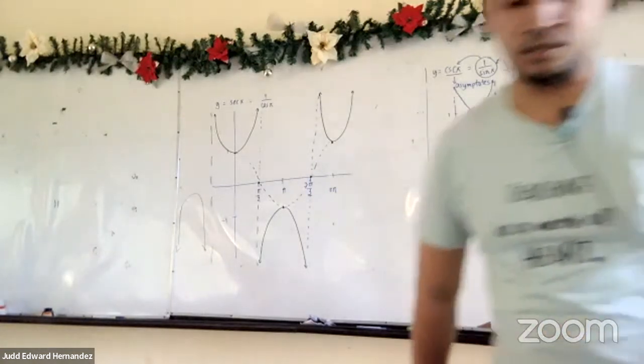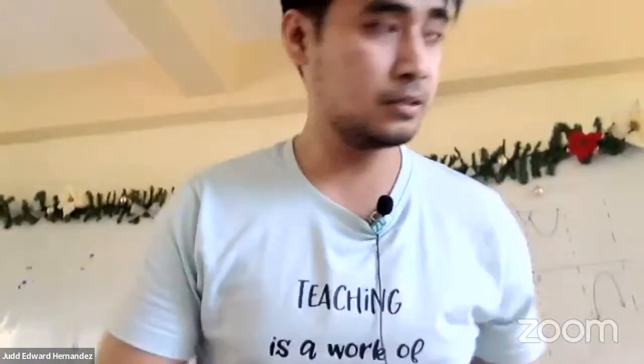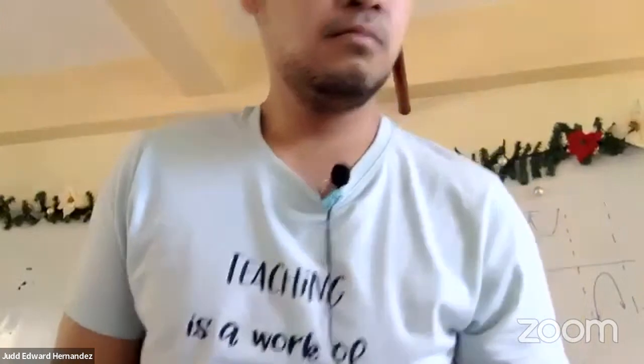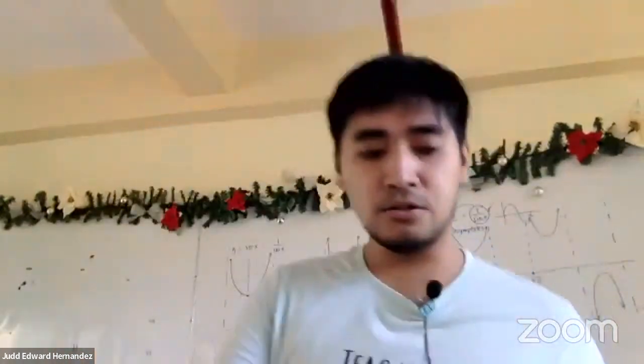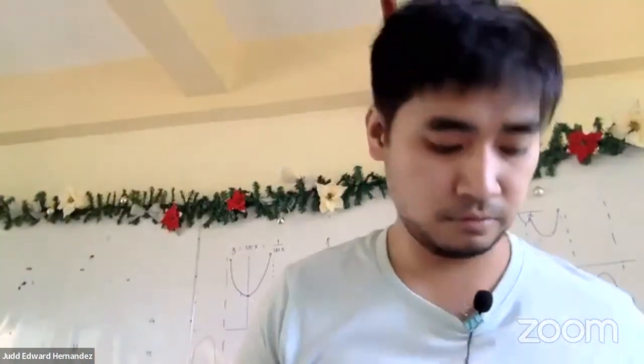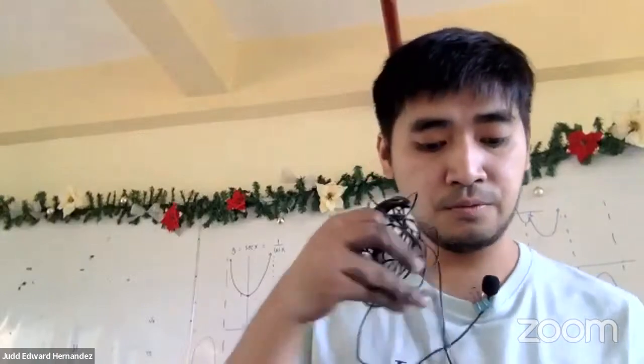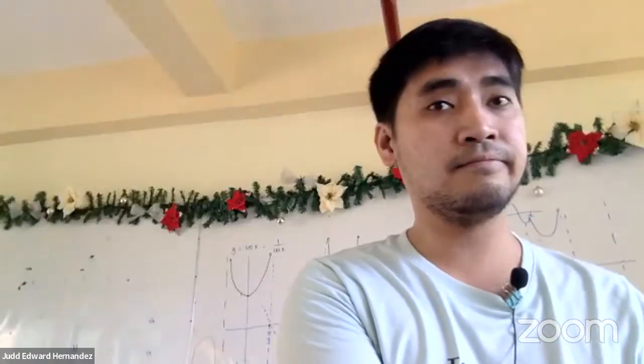So, I have a question. So, paano nga ulit kinukuha yung graph ng cosine? How do we get the graph of the cosine? We use what? Anyone? Paano po natin nag-graph yung cosine?